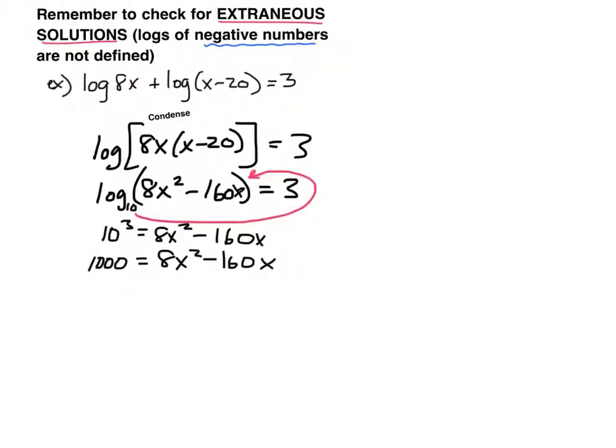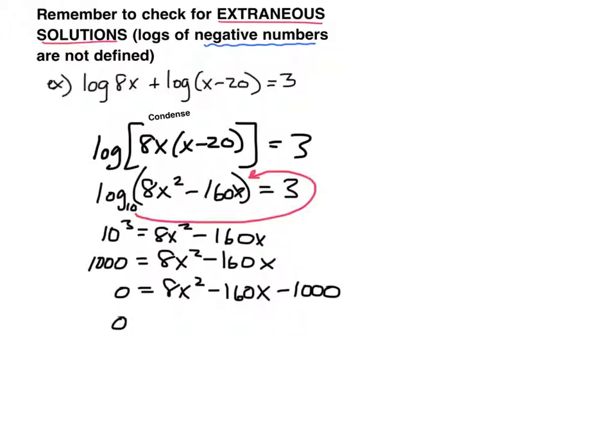Alright, now that I have an x squared and an x, I'm going to have to set everything equal to 0, factor, and solve. So I'm going to subtract the 1,000 from both sides. 8x squared minus 160x minus 1,000. Luckily, all of these things are divisible by 8.